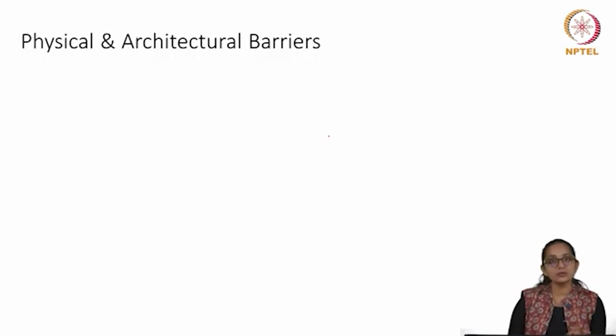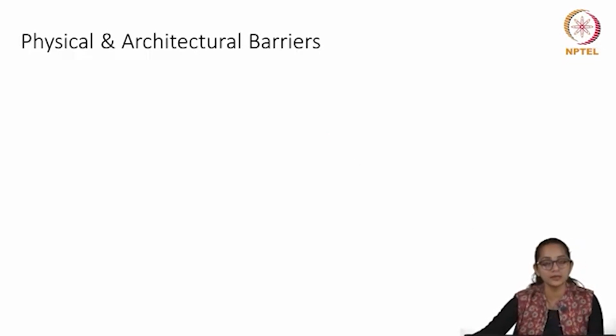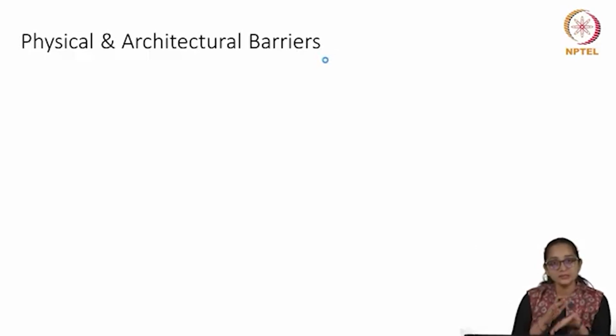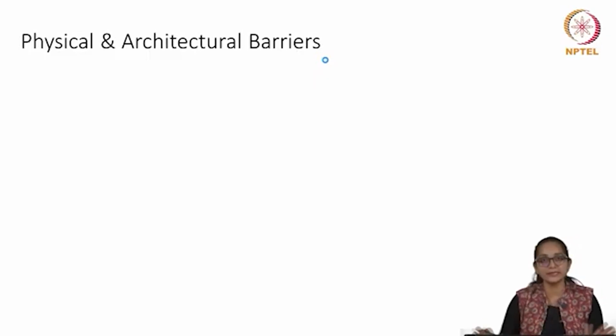So, now let us talk about the different kinds of barriers that older adults, or people who are elderly, face when they are interacting with their environment on a daily basis.